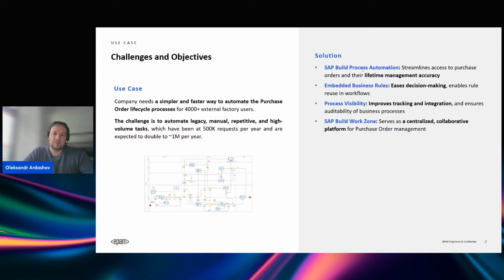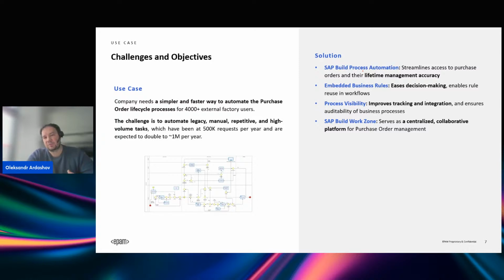Then there is the process visibility tool, which helps me to understand more deeply how my business works. Whether I have some delays, whether my SLAs are okay, what happened with that ticket or another ticket, what the answer or response from the factory was, or what basically happened.